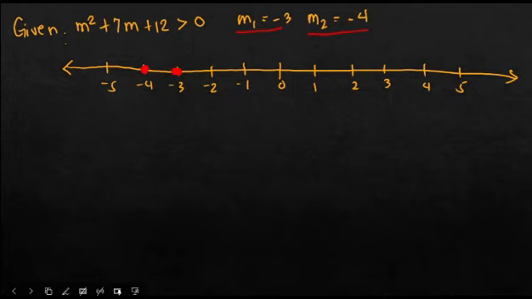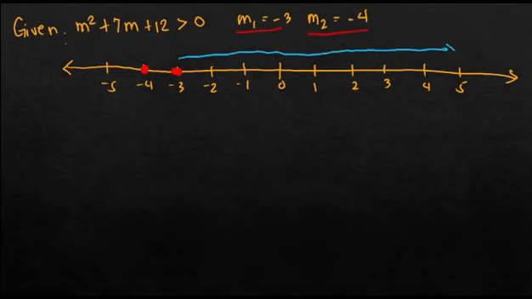And then the third one will be at the middle. So let's get its interval. Starting from negative 3 to the right, this interval is called m greater than negative 3.